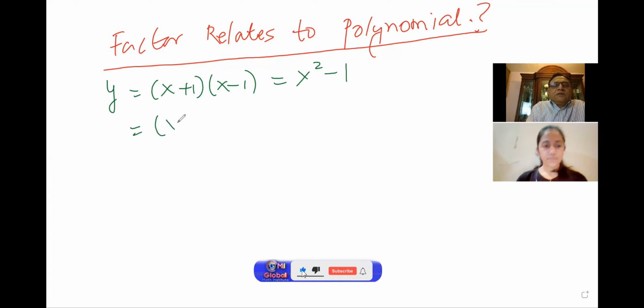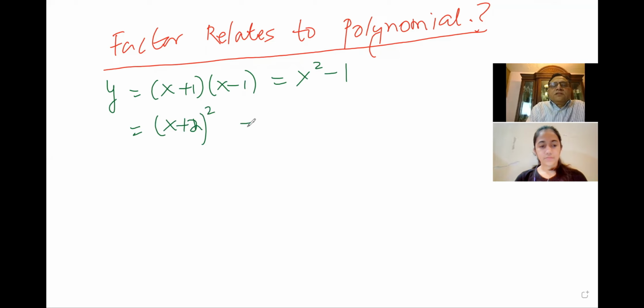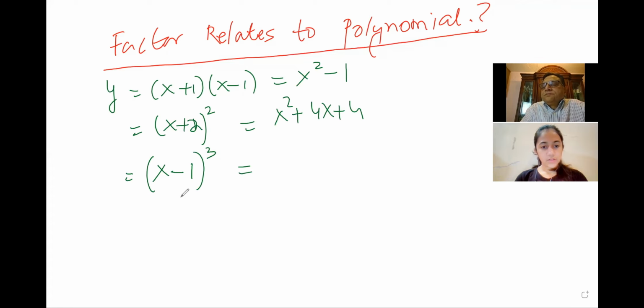You also remember what x plus 2 whole squared is? Let me make it simple. Tell me, what is this equal to? x squared plus 4x plus 4, right? And if I write x minus 1 whole cubed, then what is this equal to?